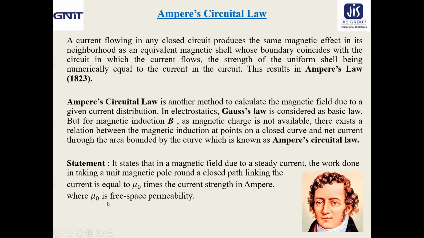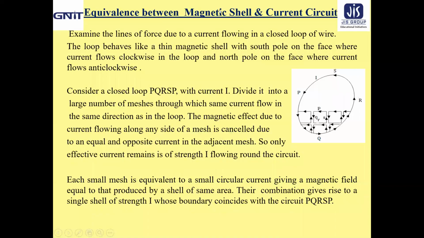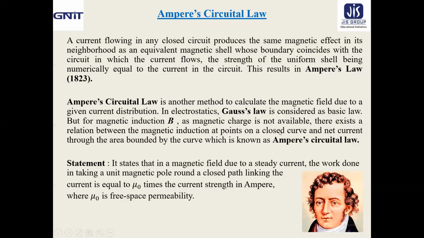So obviously we are introducing mu naught here. Mu naught means the magnetic material's constant, that is, free space permeability. So I think all of you are now understanding that what we got earlier and what is stated here are both similar. Okay.